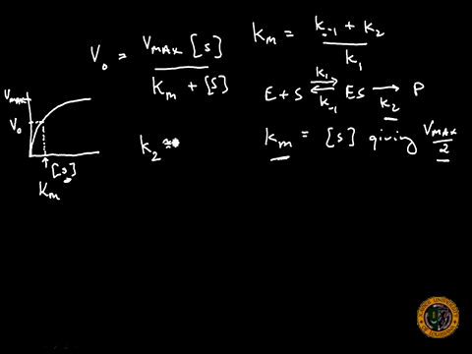K2 is approximately equal to Kcat, what's called the catalytic constant. Okay, and the catalytic constant simply takes the maximum velocity of that catalyzed reaction, when the substrate is saturating the enzyme, divided by the enzyme's total concentration, which gives us the rate.